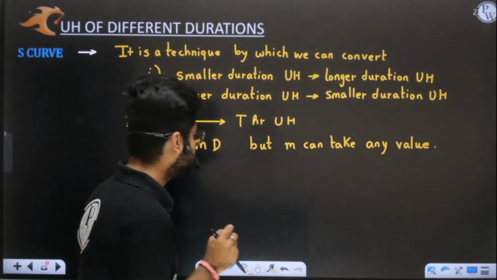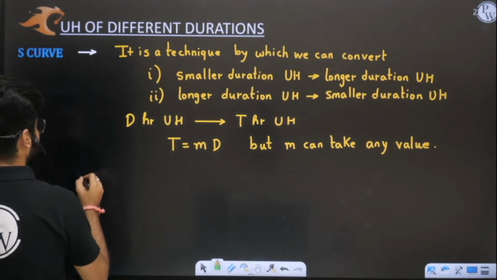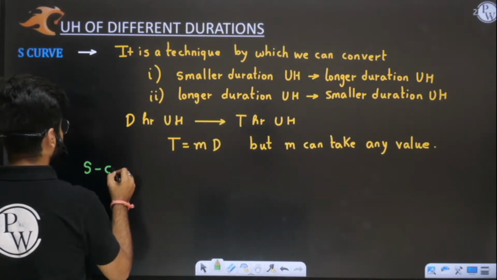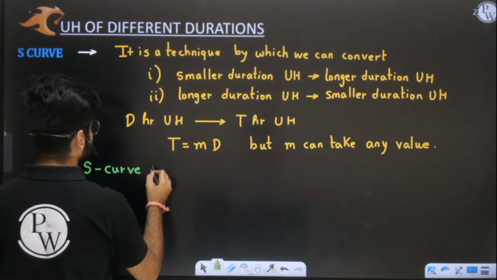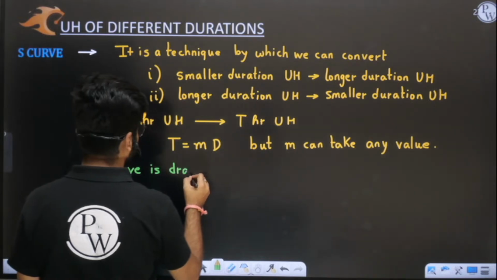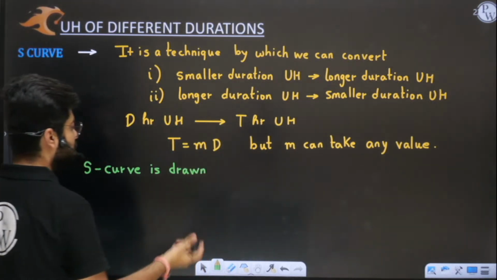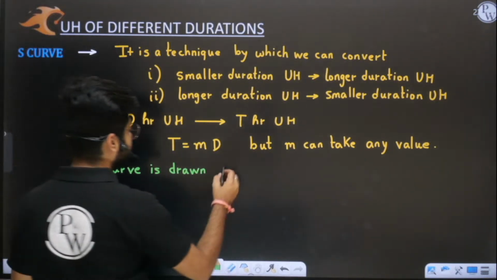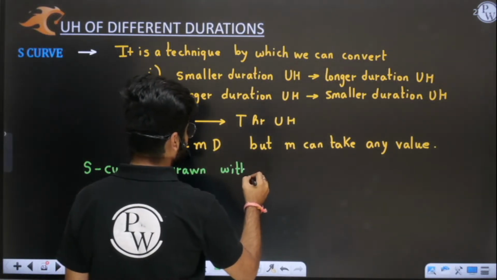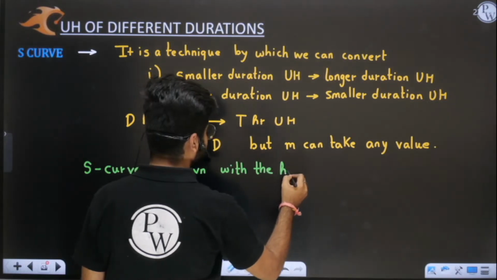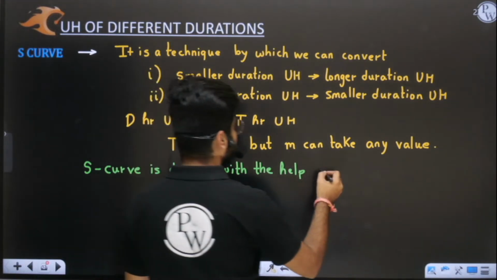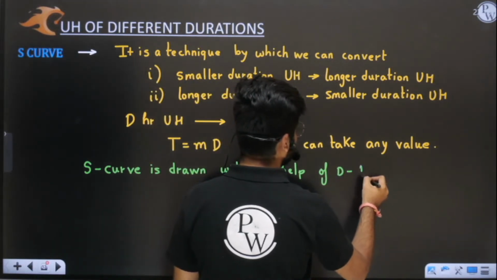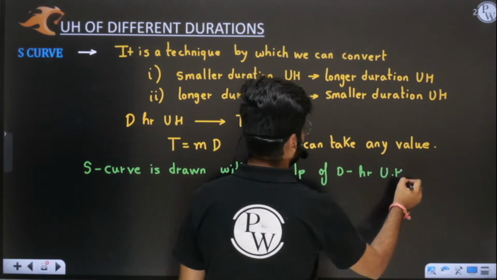So the very first point: the S curve is drawn, or its ordinates are found out, with the help of the dr unit hydrograph.